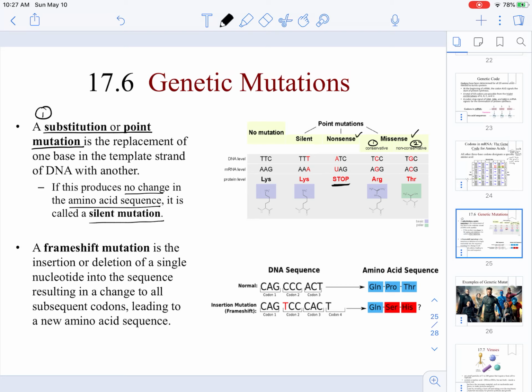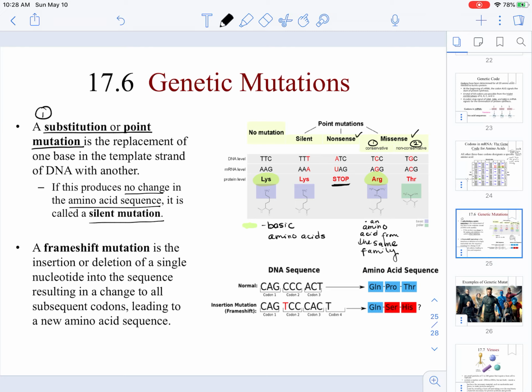The point mutation can change the amino acid in a conservative way, meaning we're going to have an amino acid from the same family. What I mean by the same family is that if we compare arginine and lysine, they are both basic amino acids.